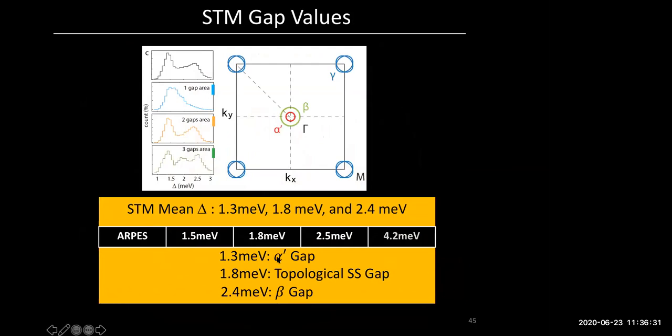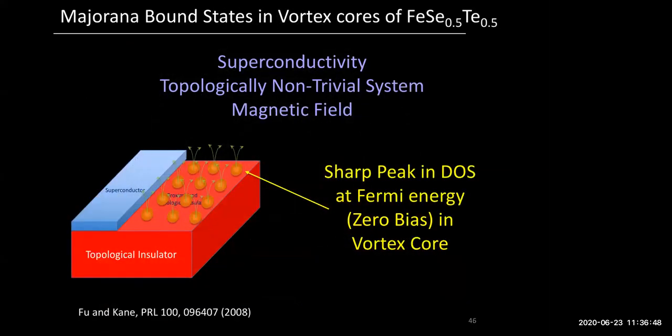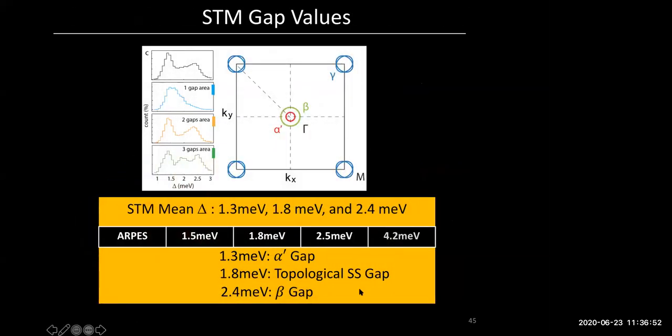We have 3 gaps, and by comparison with ARPES, we can attribute this low energy gap to the alpha band gap, the 1.8 millivolt gap to the topological surface state gap, and the 2.4 millivolt gap to the beta band gap.